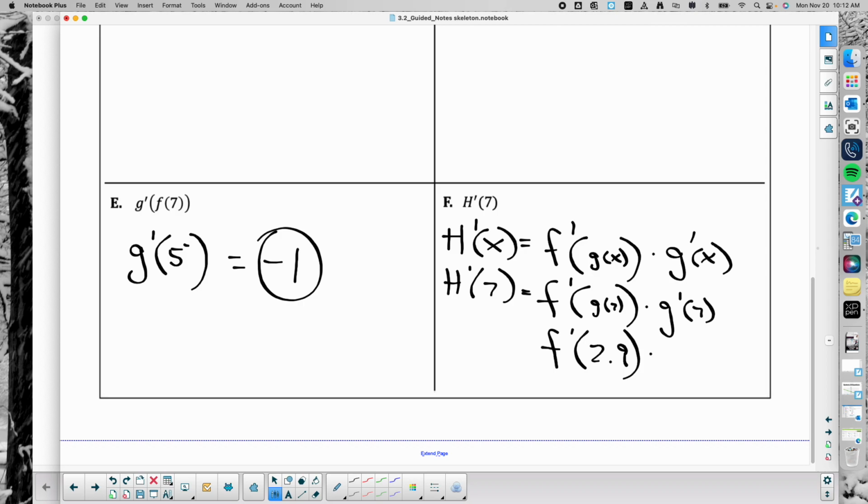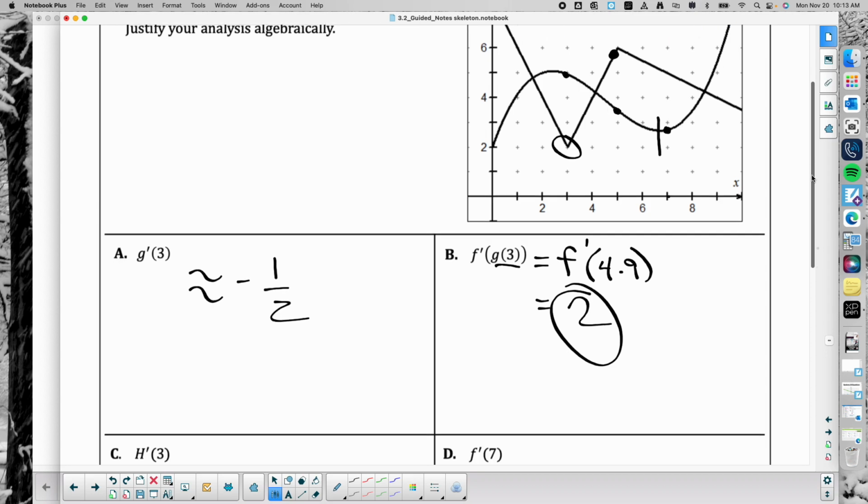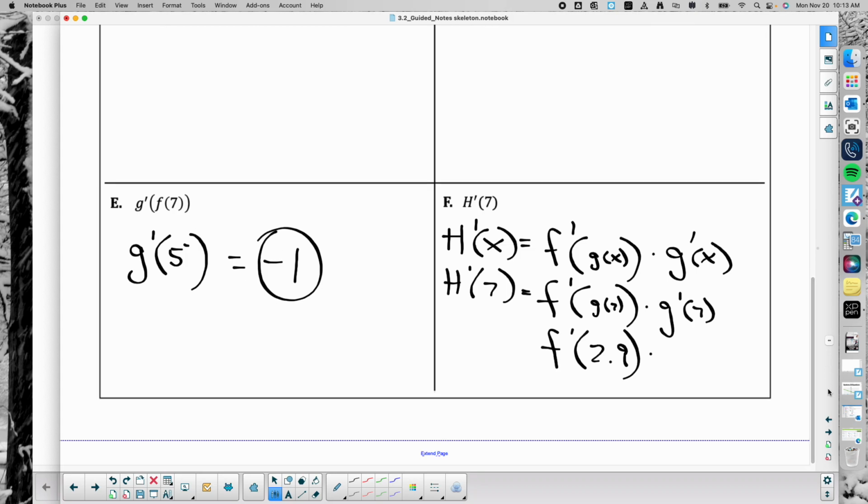G prime of 7, the slope at that curvy spot is, ooh, that's barely above 0. You can tell the center is right there. Just call it like 1/10 or something. I don't know, something small. Just call it 0.1.